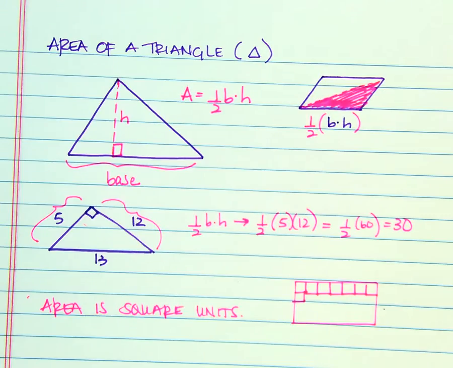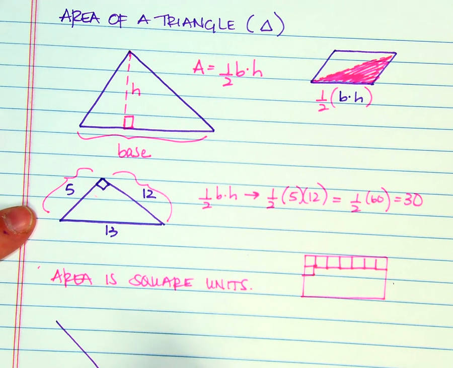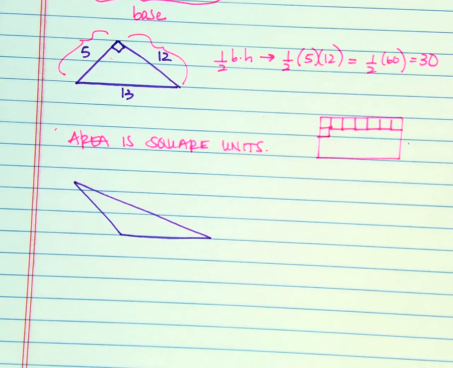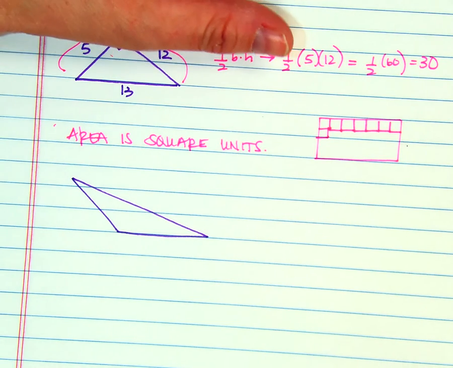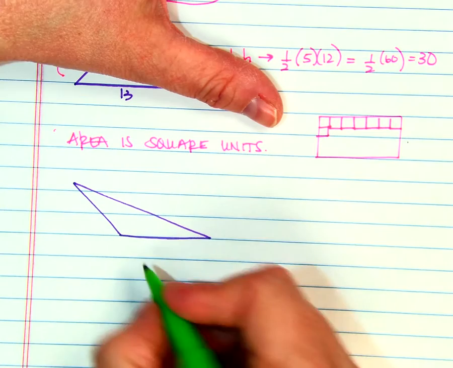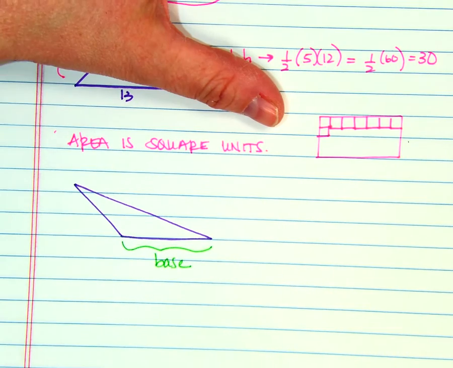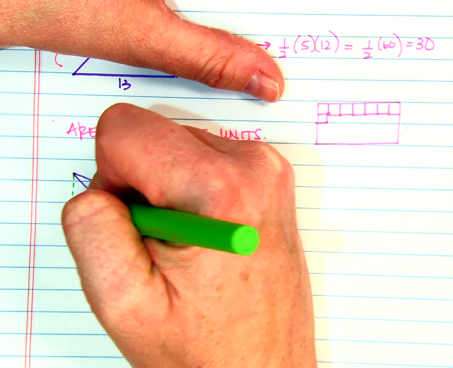Okay, and we also have another kind of triangle that you might see, and that would be something more like this. For some reason, obtuse triangles kind of throw people for a loop. Kind of reminds me of the parallelogram or the trapezoid where the height can kind of float. So if this is my base, then I need a segment that is perpendicular to that, which is way out here.